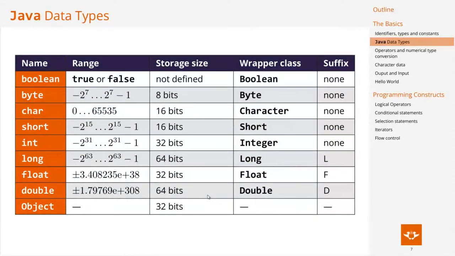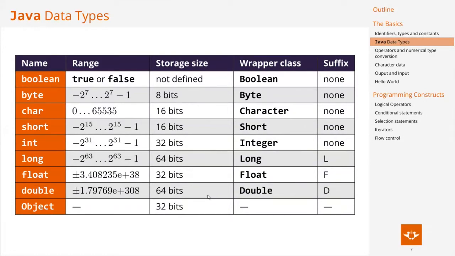You have a method in that class that can take a string and convert it to a double value. If it works. If it doesn't work, you get back an error and you have to deal with it. Other things it might be able to do is convert between different types, and also output in different formats. So you can have, for example, the Integer class displaying something in hexadecimal format, or in binary format, or in binary coded decimal. So there are methods available that allow you to do those different things.